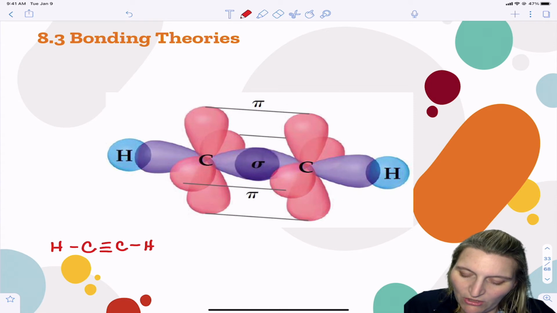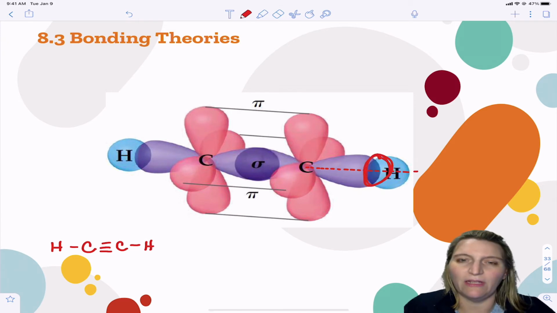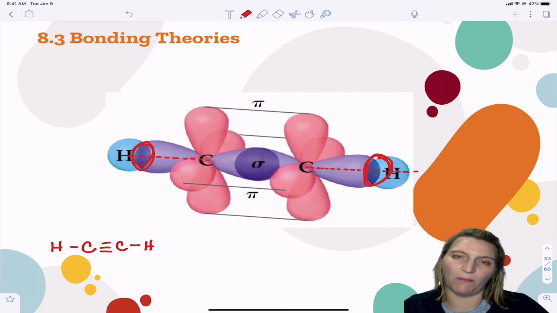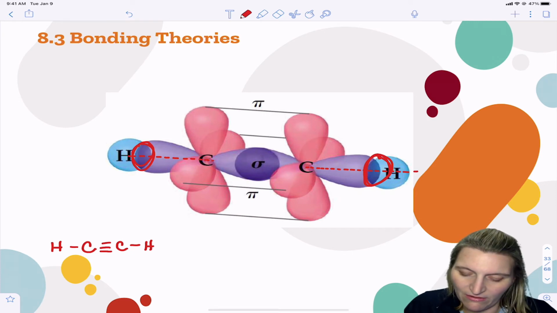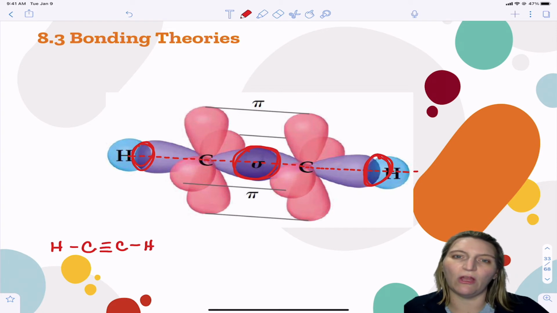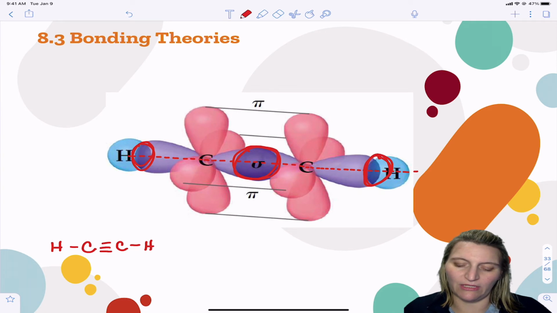The single bond between carbon and hydrogen, if I draw a line between the nuclei of those, do you see how this bond is on the internuclear axis? I can do the same thing over here, right? So this here is a sigma bond. You can also see that there is a bond right here in the middle between those two carbon that's on the internuclear axis. So that triple bond in carbon also contains one sigma bond, but the other bonds you can see here are labeled as pi bonds.